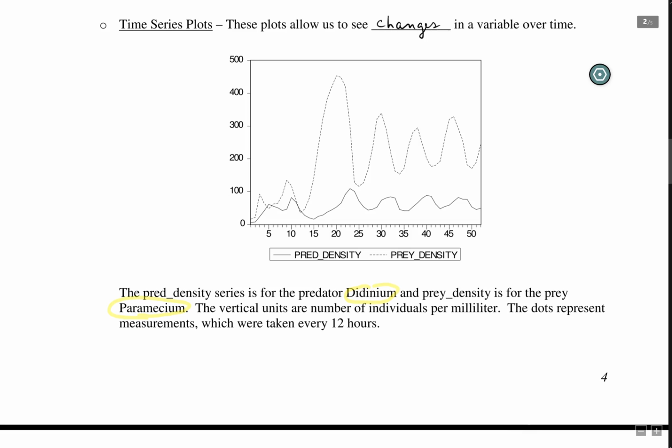And then as it increases, the predator population is going to increase as well, but it increases at a lagged rate. It falls behind a little bit. And what happens is the predator population gets so large that there's not enough prey to sustain it.